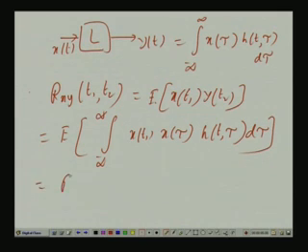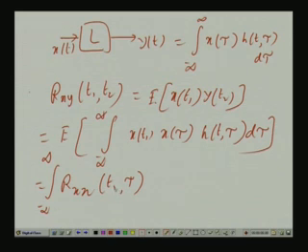So, what you get is R_xx(t1, tau) h(t, tau) d tau. So, that means what is it?